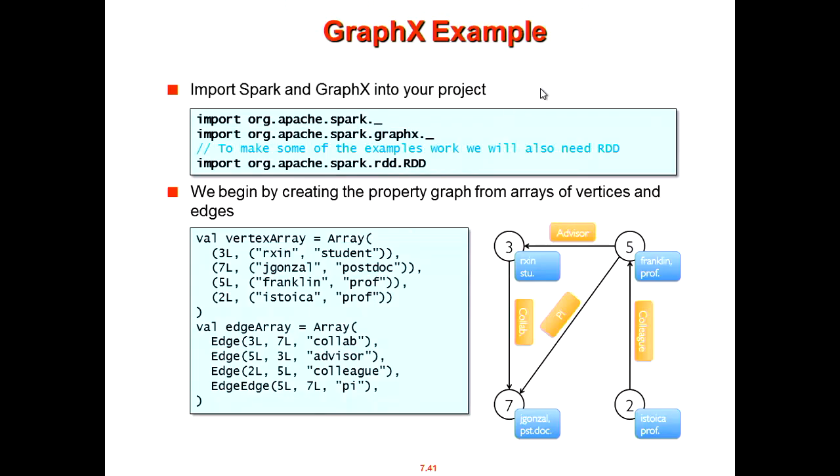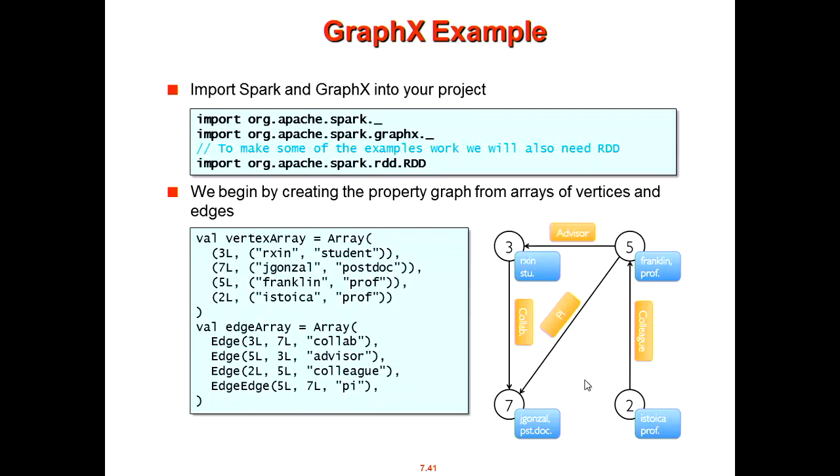Assume that it is a standalone project. You need to import the relevant Spark classes first. This is GraphX, so you need to import GraphX relevant classes. You also need to use some RDDs because some operations require the RDD class.